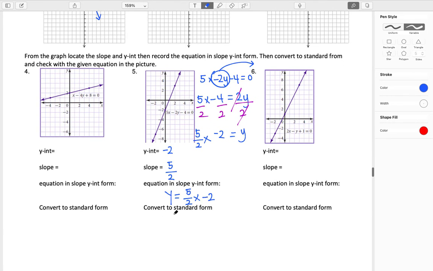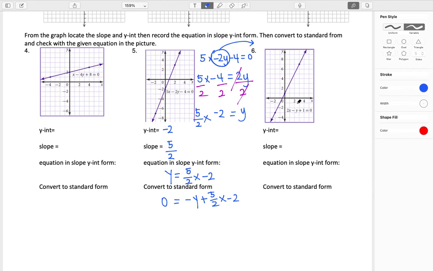Okay. Now, let's say you were given a slope y-intercept form, and I want you to convert it into standard form. Well, what you can do is move everything to one side so that it equals 0. So I will be moving y to the right, so then 0 is equal to, so y now becomes negative y plus 5 over 2x minus 2.